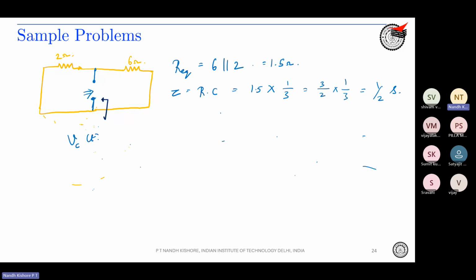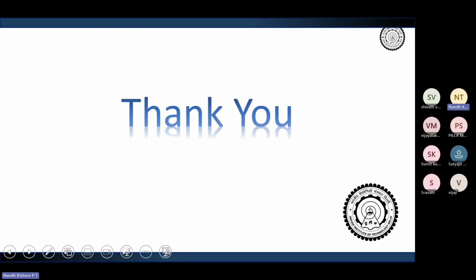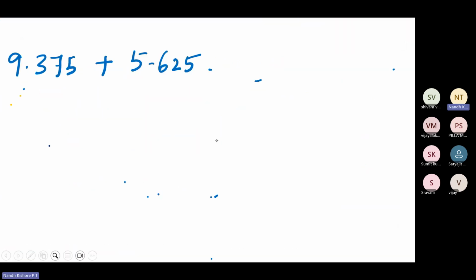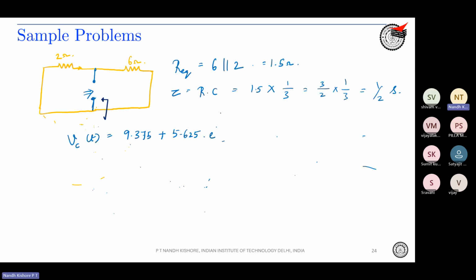VC of t is going to be 9.375 plus 5.625 into e power minus t by 1/2, which I can write as e power minus 2t.